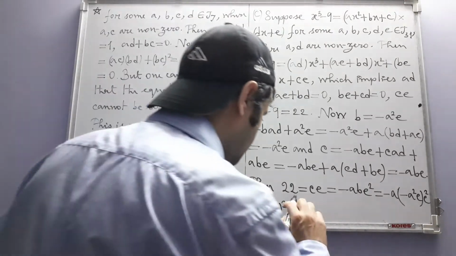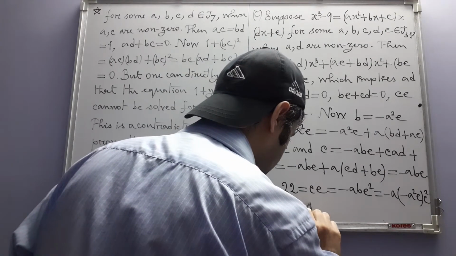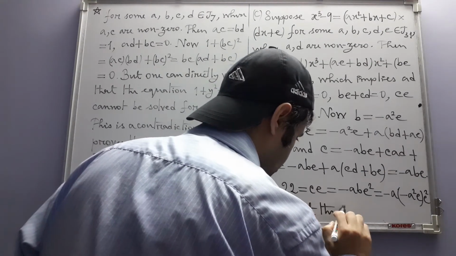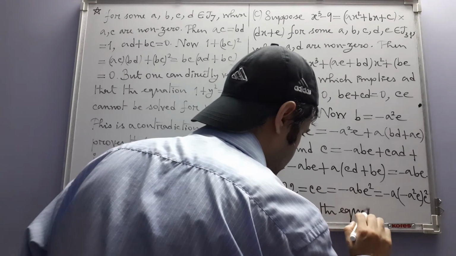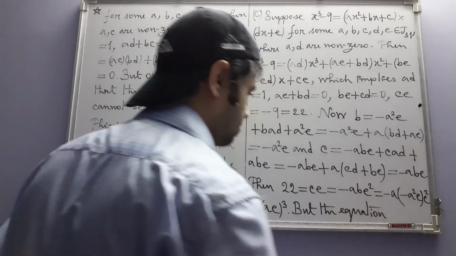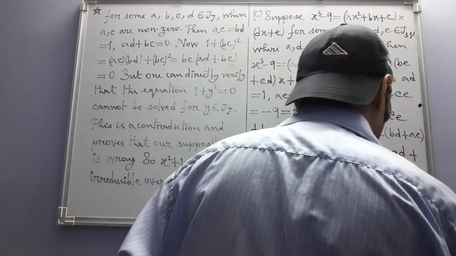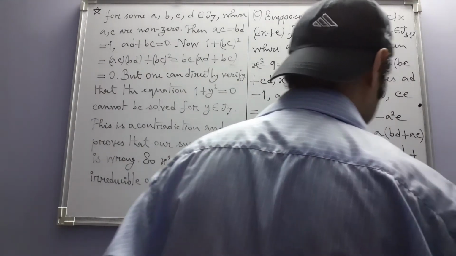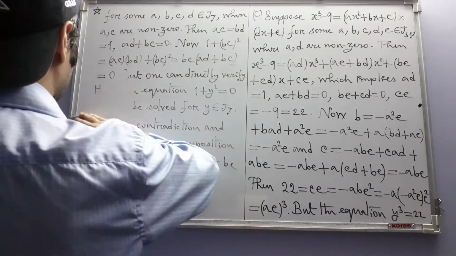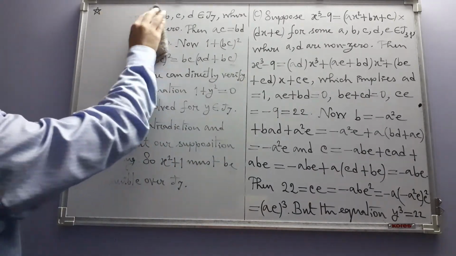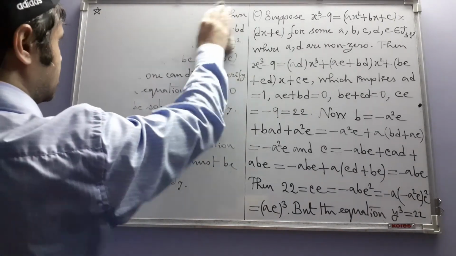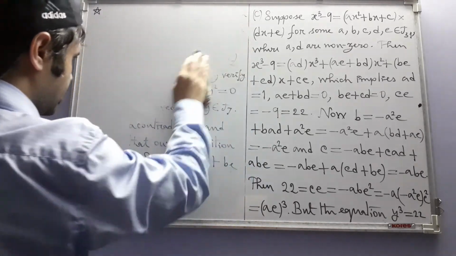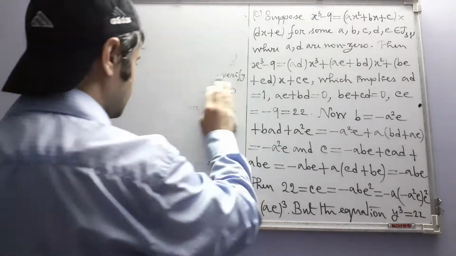Okay, but the equation y cube equal to 22 has no solution in J31, and that's why we have a contradiction.